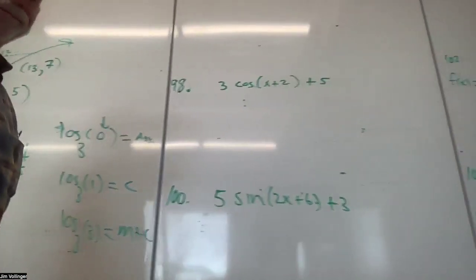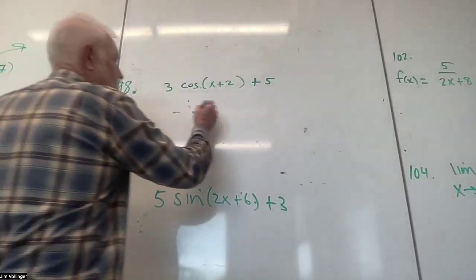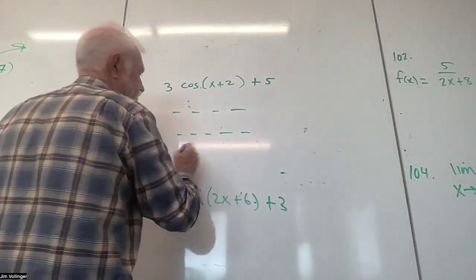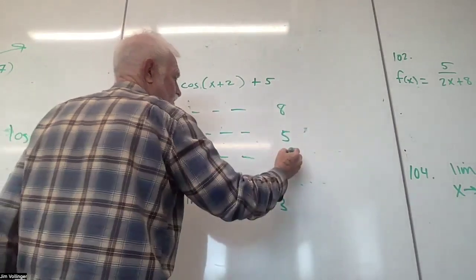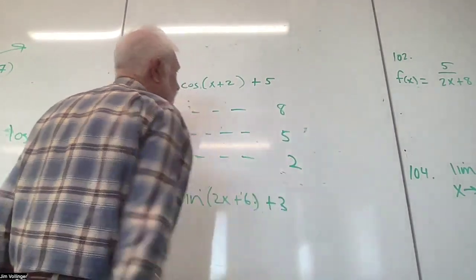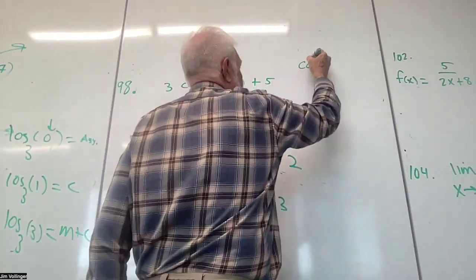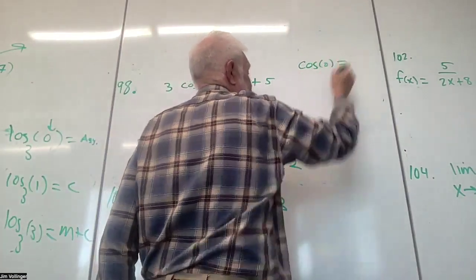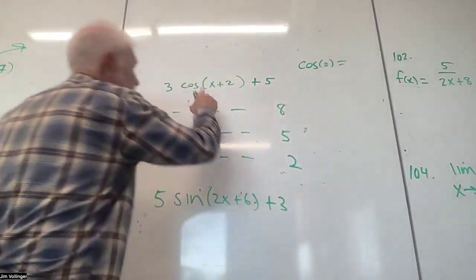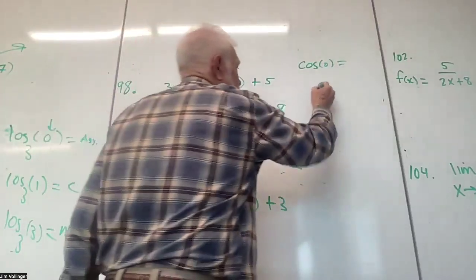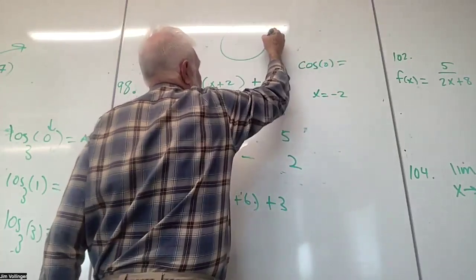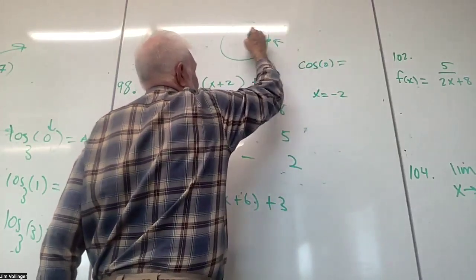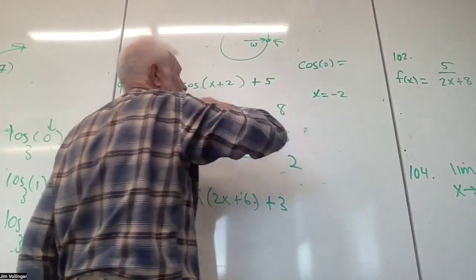All right. Let's get our range here first. Put that 5 there. Let's go up 3, let's go down 3. Okay, so that's that. It's very important to know what the cosine of 0 is. So we want to make a 0 at -2. Okay, what's the cosine of 0? Well, 0 is that place on the circumference, and I'm asking you what the width is in the unit circle.